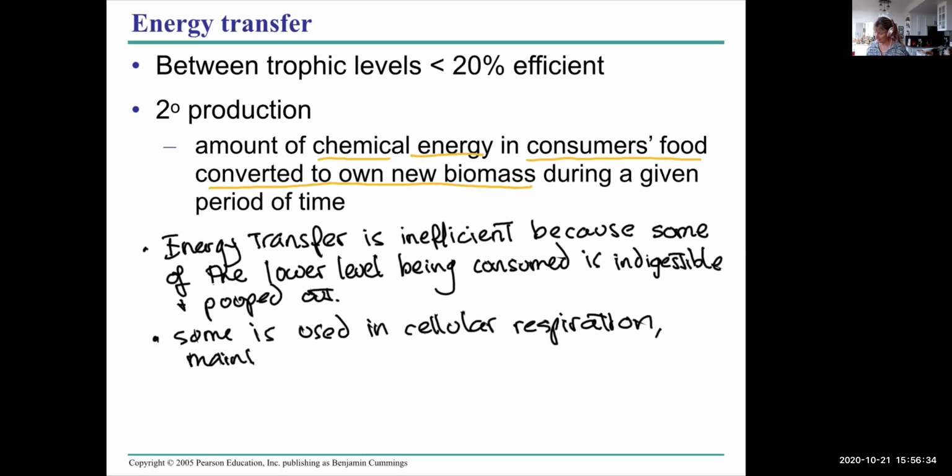Maintaining, I guess it's a basal metabolic rate, but we'll just say basic metabolism. So it doesn't get converted to new biomass.